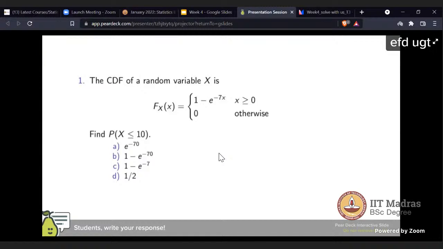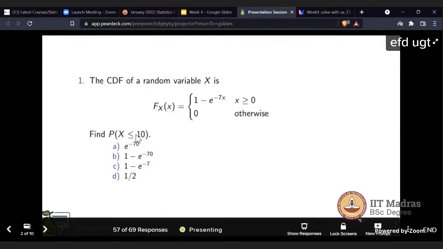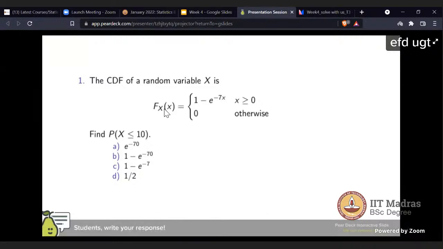See, what is the formula of F_X(x)? If I ask you to write the CDF of a random variable x, what will you write?